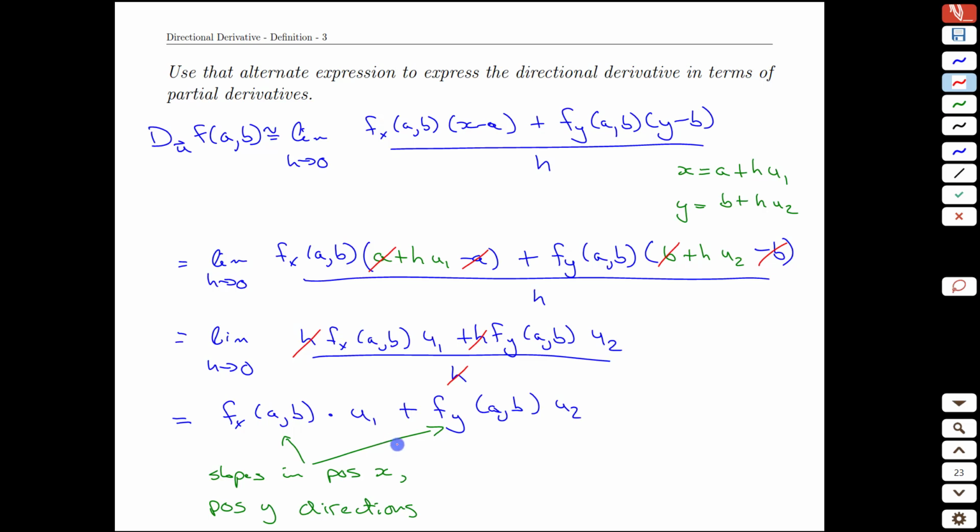But we're also moving a little bit in that x direction, which is represented by u1. And then we also multiply or add in the effect of the y slope multiplied by how much we're moving in the direction y. So these are the components of our travel direction.